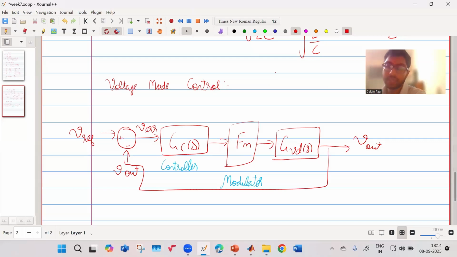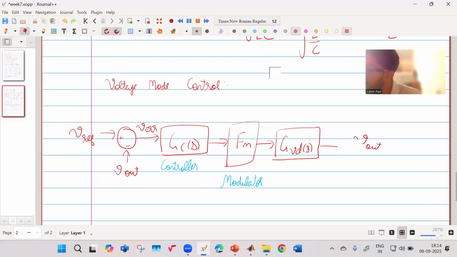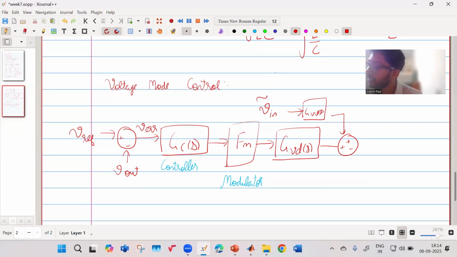Wait, I have not added the non-idealities. So I have not added the other things. What you will also have is your GVD of S. So there are perturbations in input that will be propagated like this over here.